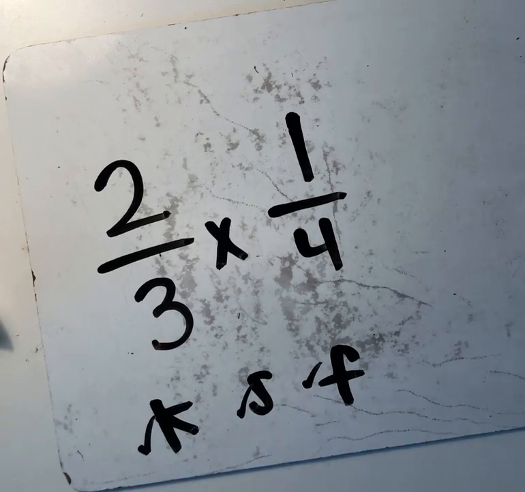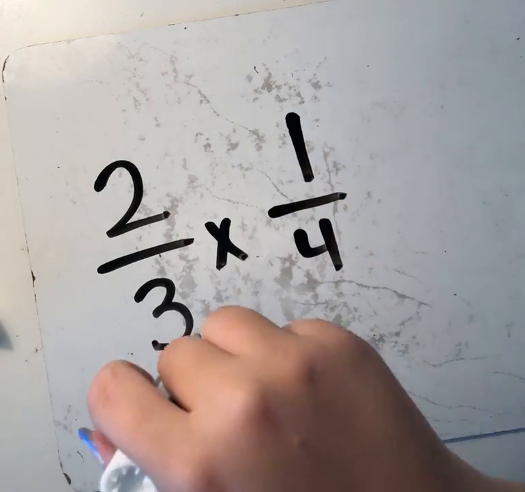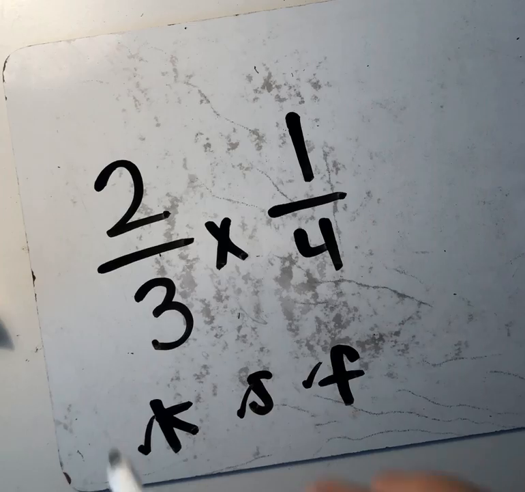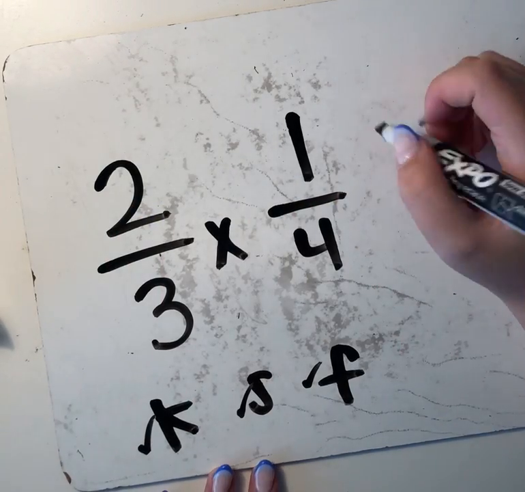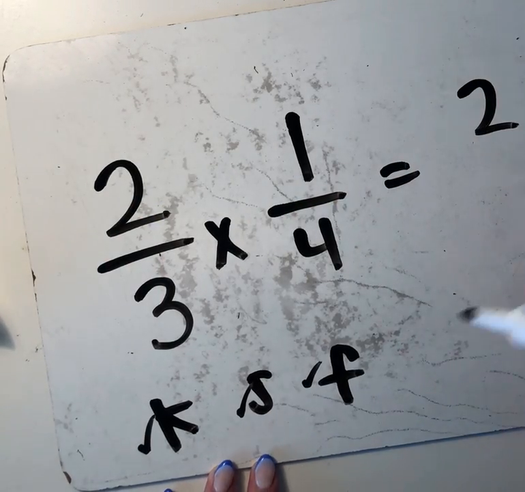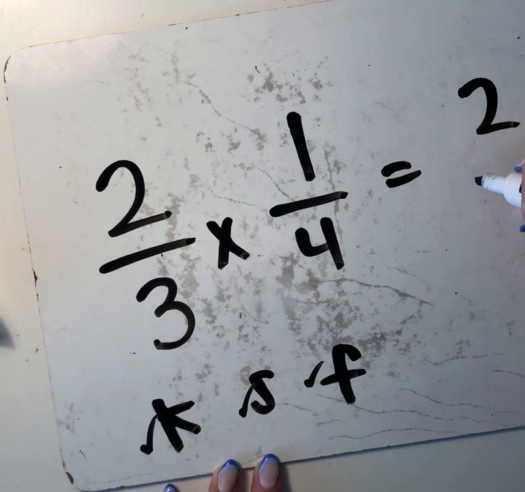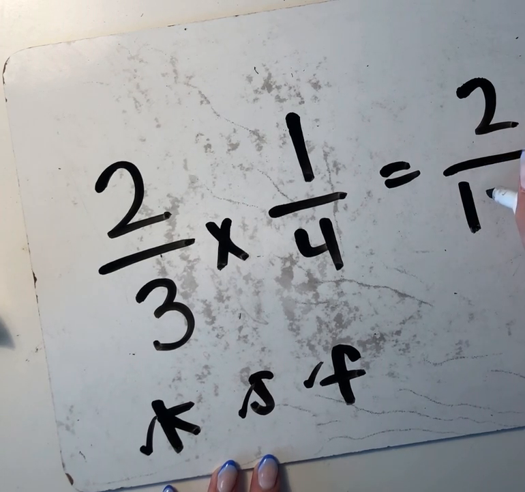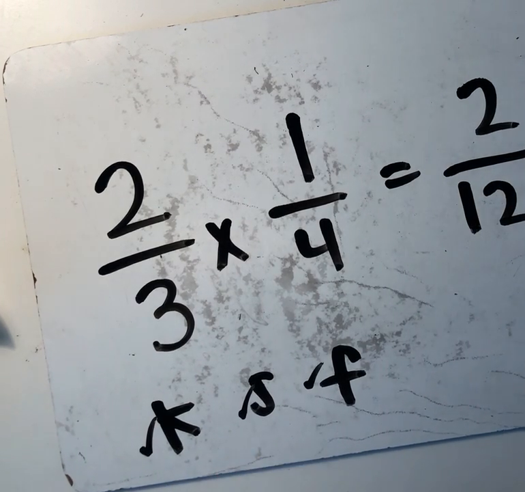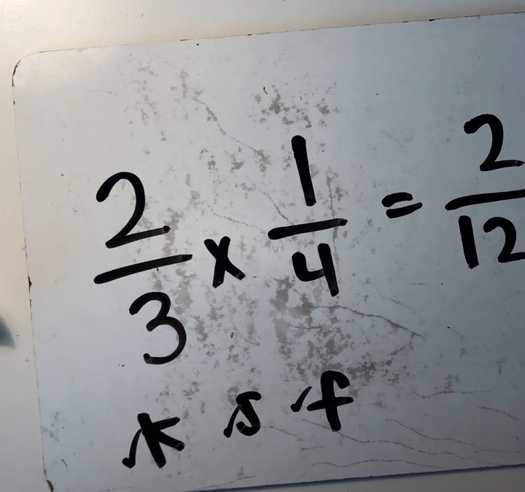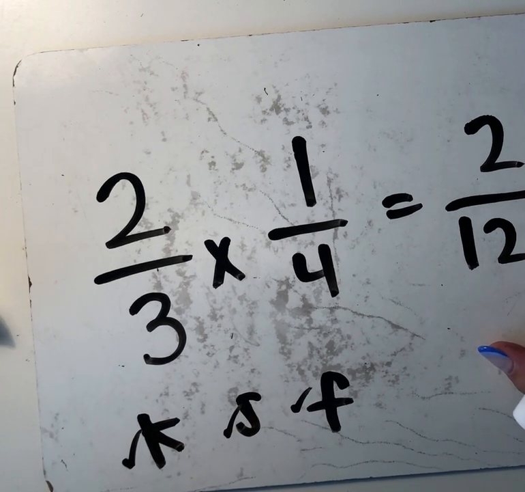Now my last step is to multiply my numerators and multiply my denominators. 2 times 1 gives me a new numerator of 2, and 3 times 4 gives me a new denominator of 12. We need to think about if this is our best answer, good, better, best. Is there any way I can simplify this? Is there anything I need to do to it?